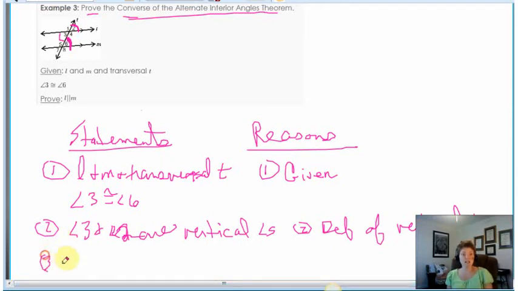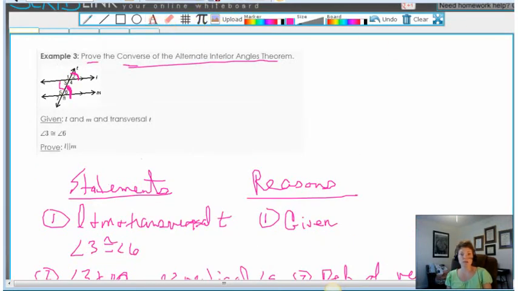Now, what's the next thing you know? You know that angle 3 is congruent to angle 2 because all vertical angles are congruent, right? Now, I'm having a very difficult time writing. I've got something uploading in the background here, so that could be causing this problem. Sorry about that. Let me see if I can type, if that'll make it better.